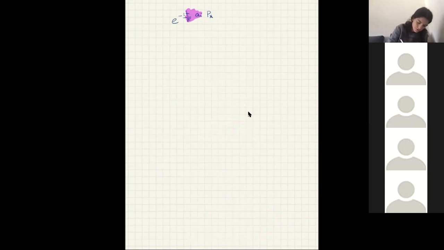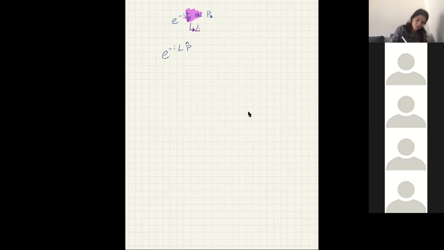So this whole thing, let's call it just L_i. And so we have this operator that is e to the minus i L p, where L is a real number.